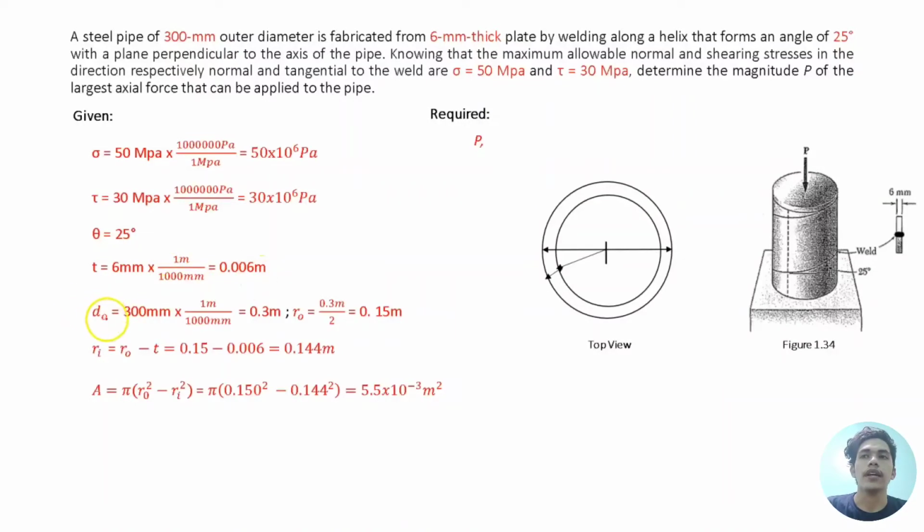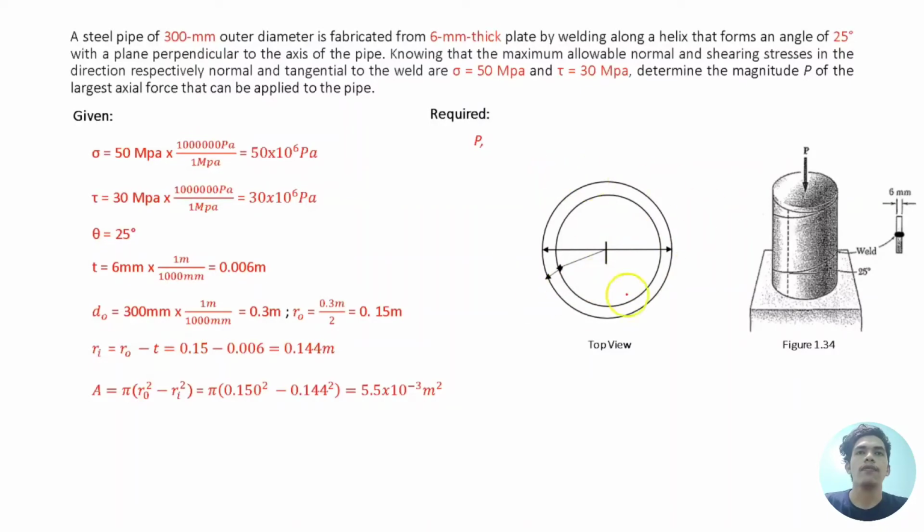And the outer diameter converted is 0.3 meter. Now the outer radius is just the diameter divided by 2, so 0.15 meter. Now we don't have the inner radius, but we can get it by subtracting the thickness from the outer radius.